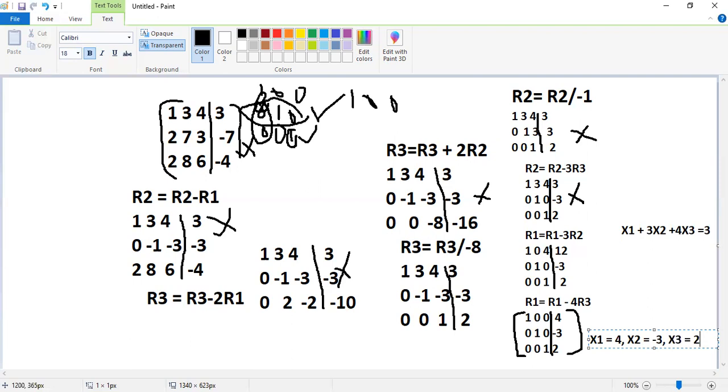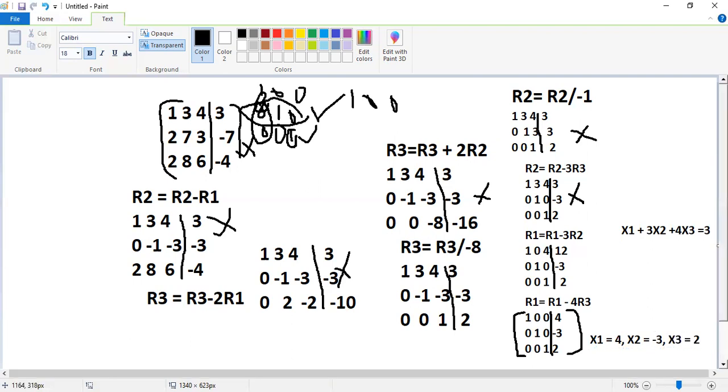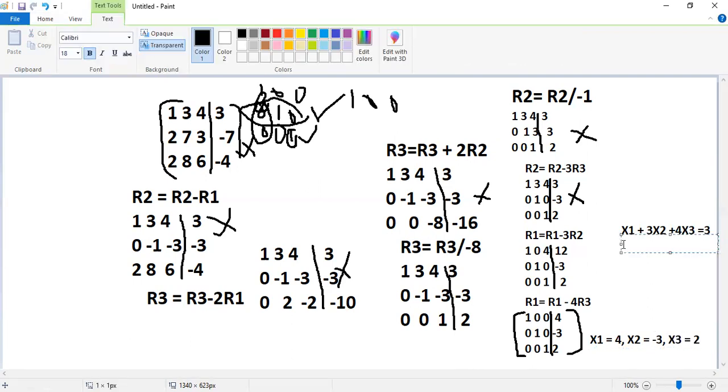Okay, so the next equation is 2x1 plus 7x2 plus 3x3 should give us negative 7.